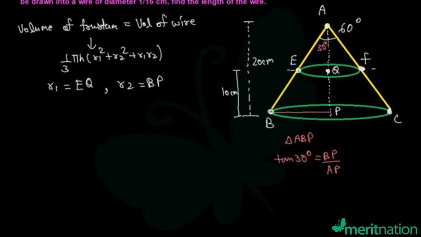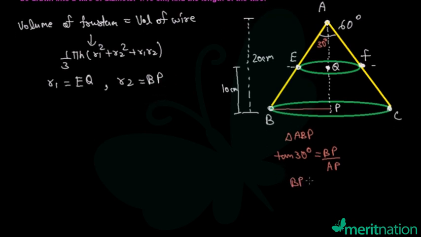From this, BP would be equal to AP times tan 30 degrees. AP is known to us, that's the height of the larger cone, so 20 centimeters into 1 by root 3. So BP is equal to 20 by root 3. So R2 is equal to 20 by root 3.